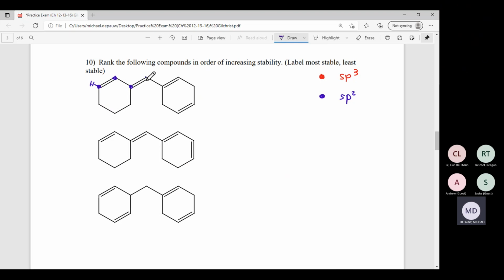So is this one. So is this one. So is this one. So is this one. So how many sp2 hybridized atoms do I have in a row? I also got this as an sp2 hybridized atom in this one. In this first compound, how many sp2 hybridized atoms do I have in a row?